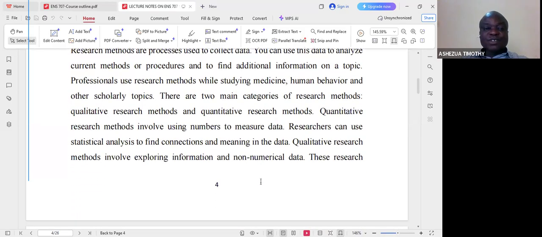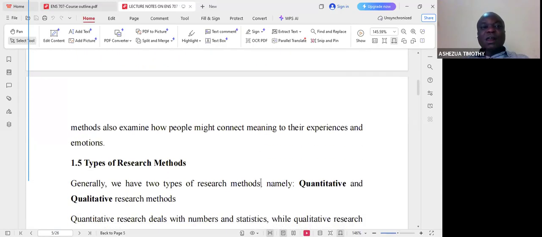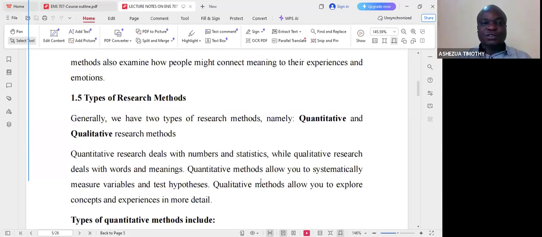While qualitative research methods involve exploring information and non-numerical data. These research methods also examine how people might connect meaning to their research experiences. So basically, we have two types of research methods, just like I told you, quantitative and qualitative.